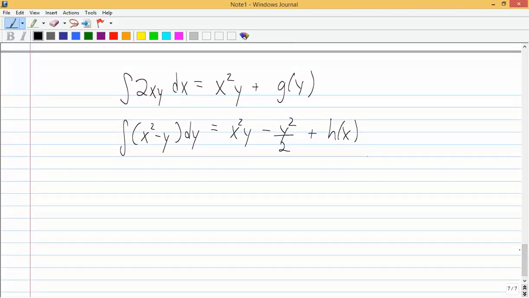So if you do that, then you can tell that the function of y is equal to negative y squared over 2. The function of x, is there anything there? It's just going to be equal to k.